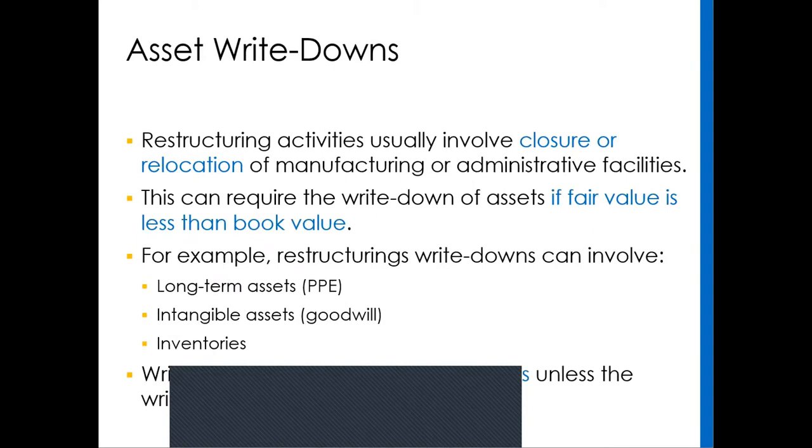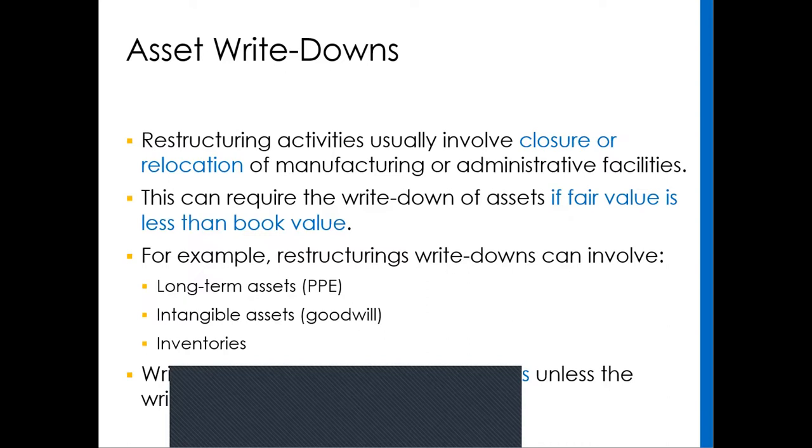Two more slides to go on this. So asset write-downs. We're usually closing a facility or getting rid of a facility. And we might have to write down assets if the fair market value of the assets is less than the book value. Impairments say our fair market value is below the book value, so we get write-offs.